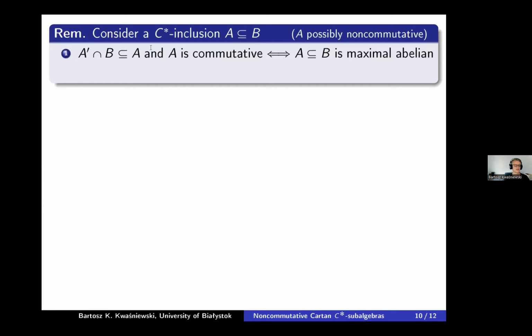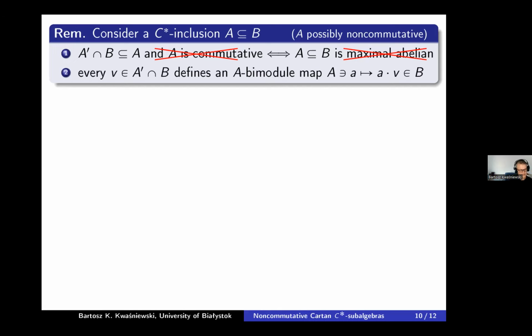If A is commutative, then this condition is equivalent to being maximal abelian. So what Ruy first looked at was to just forget about commutativity. We just want this condition that the commutant of A in B is contained in A. This makes sense for arbitrary C-star algebras, but it was kind of not enough.